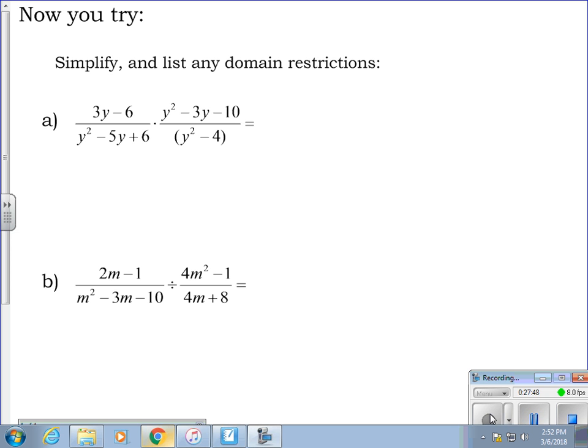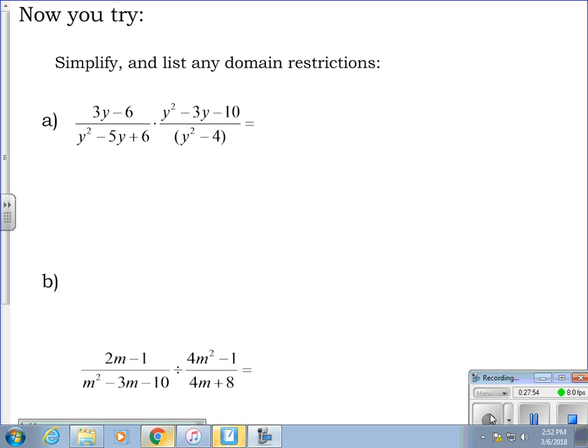Okay, so first thing we need to do is to factor these. I'm going to move to this one for my way first. First thing you do is factor. So 3y minus 6 is 3 times y minus 2. What's your minuses and pluses? My denominator, plus 6 minus 5, y minus 2, y minus 3.